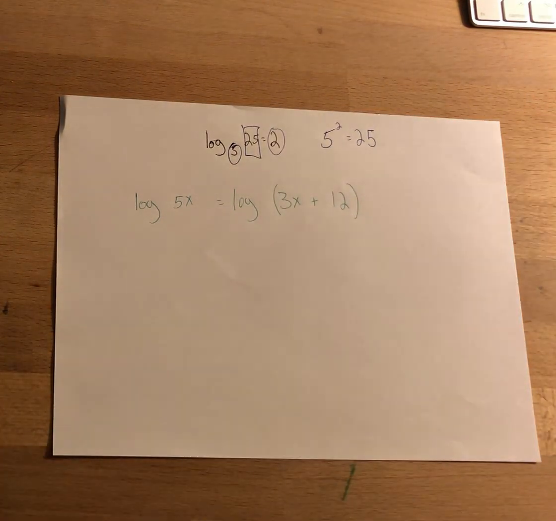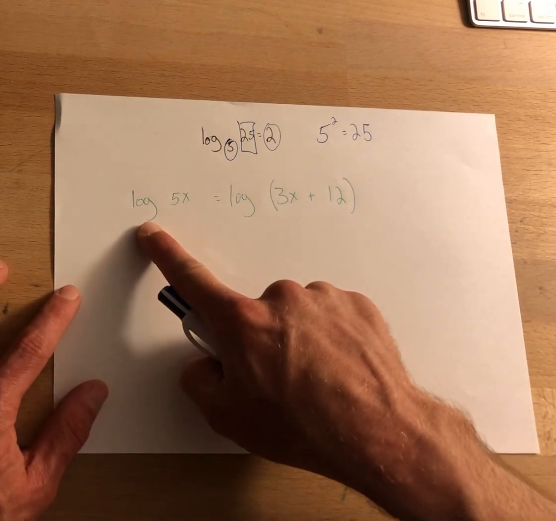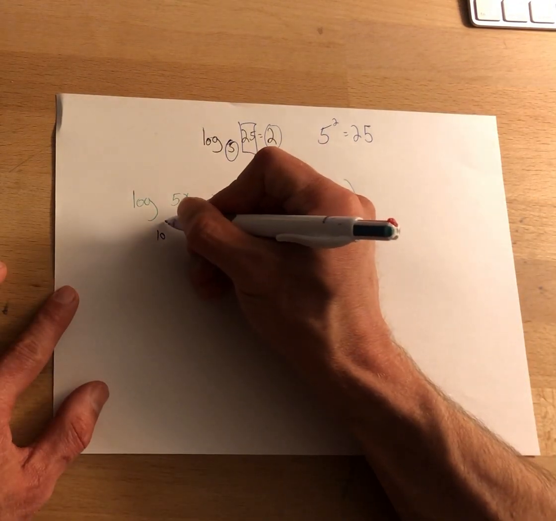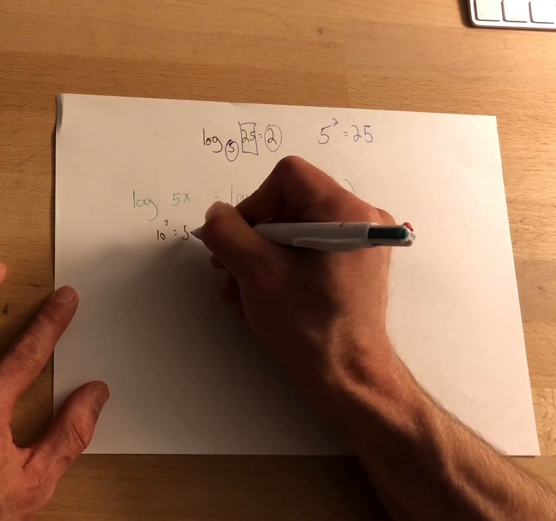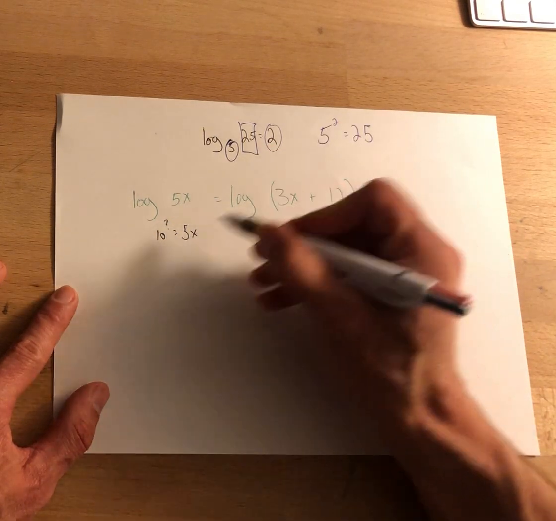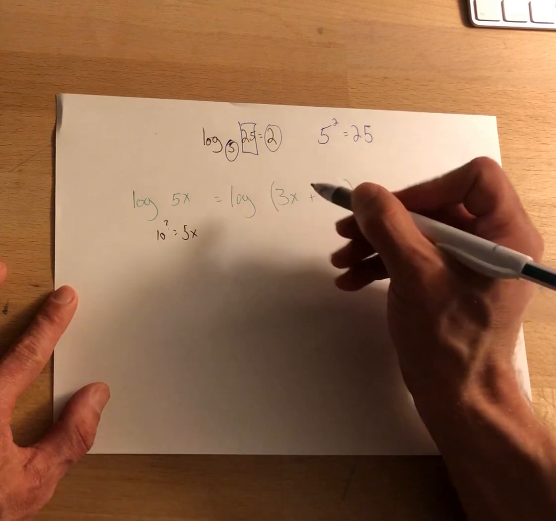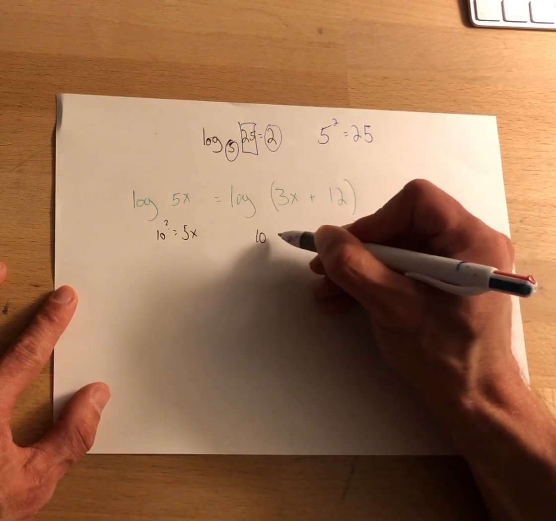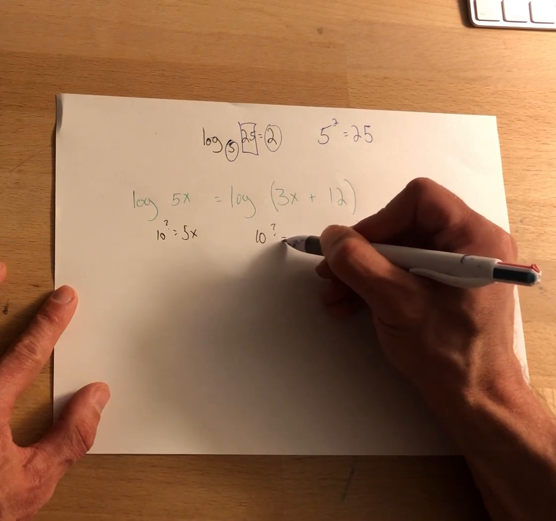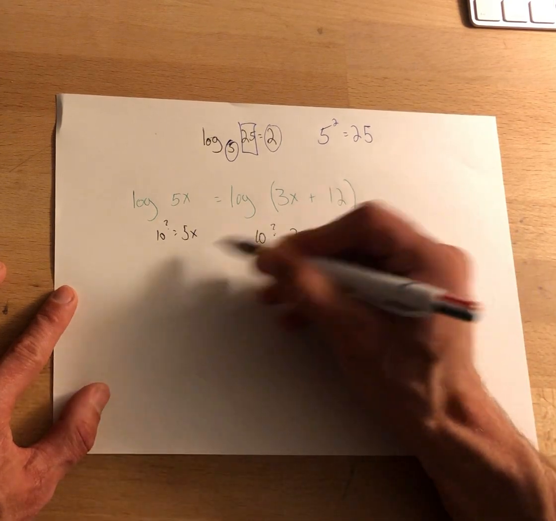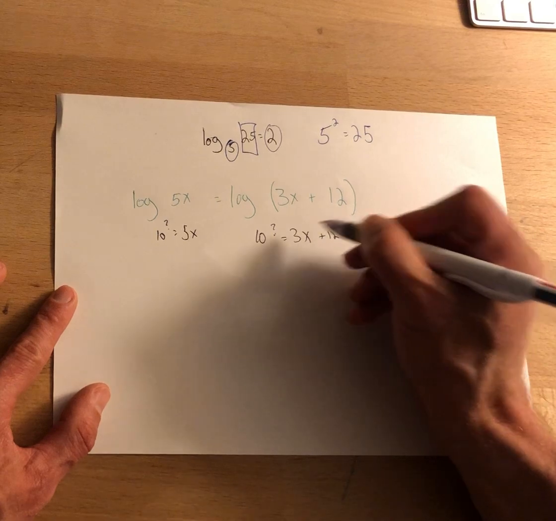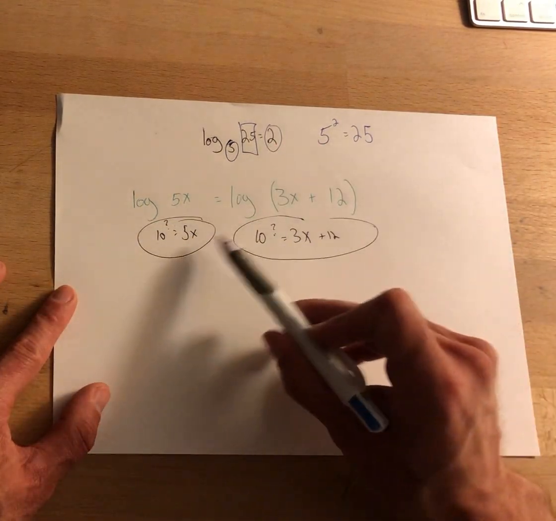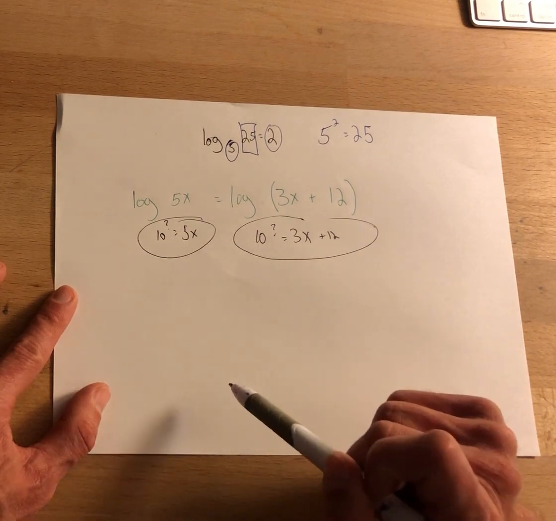Technically, this is saying that 10 raised to something equals 5 times a number. And this is saying this exact value is the exact same thing as 10 raised to something equals 3 times this exact same number plus 12. Conceptually, these two values are the same if we knew what x was and what it was raised to.